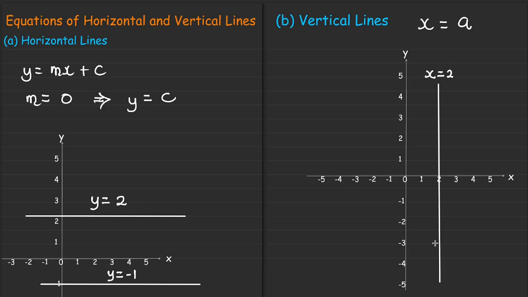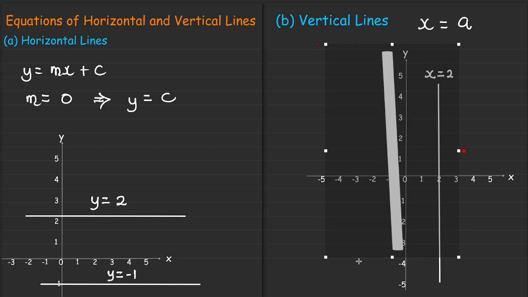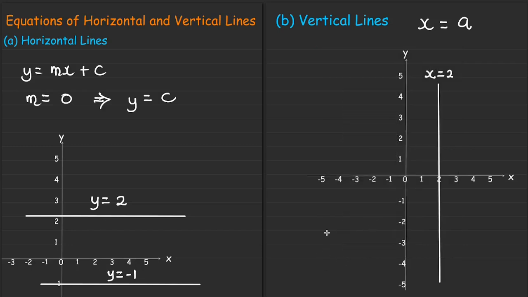So the same way, if I was rather to have the line somewhere around here, as you can see, it passes through -5. So the equation of this line is going to be x equals -5.